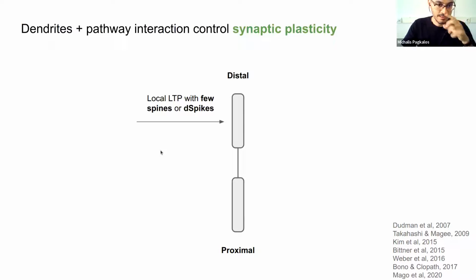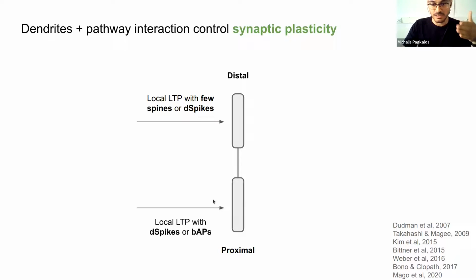Moreover, apart from having an effect on the output of the neuron, the segregation of pathways can have a meaningful impact on synaptic plasticity. For example, when you activate some pathways locally, you can have the local generation of dendritic spikes that can trigger synaptic plasticity regardless of somatic activity.